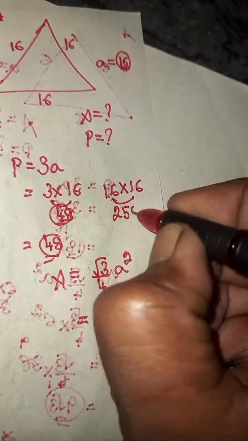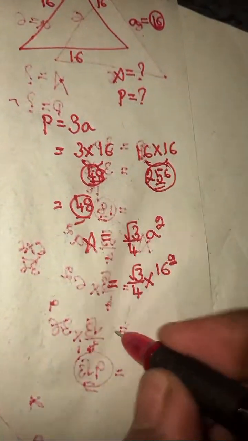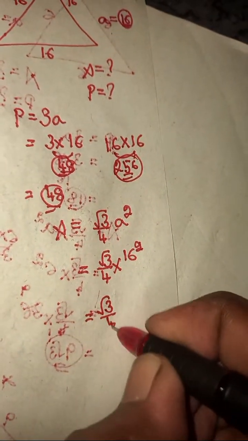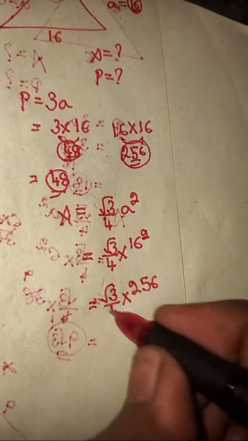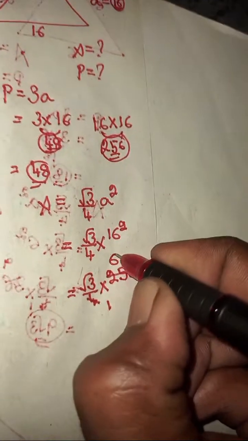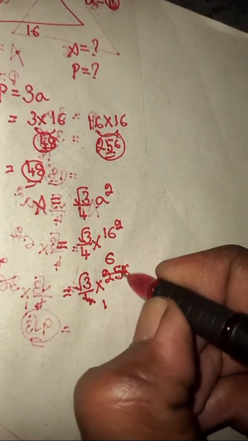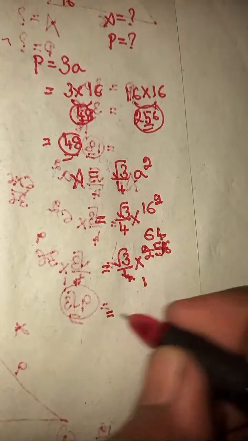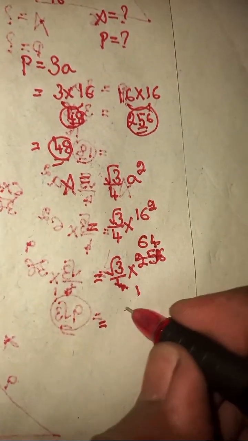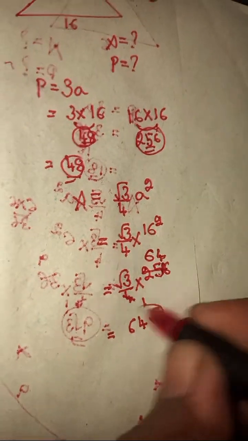That is 256. You're going to get root 3 by 4 times 256. You can divide 256 by 4. 4 ones are 4, 4 sixes are 24 and 1 remains, it becomes 16. 4 fours are 16. It becomes 64 times root 3. 64 root 3 square units.